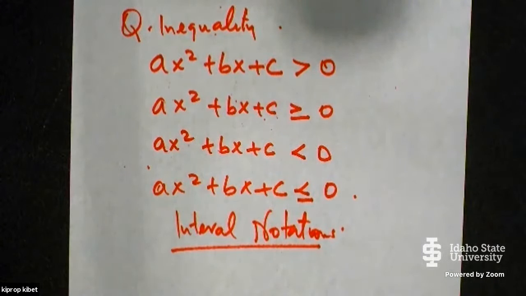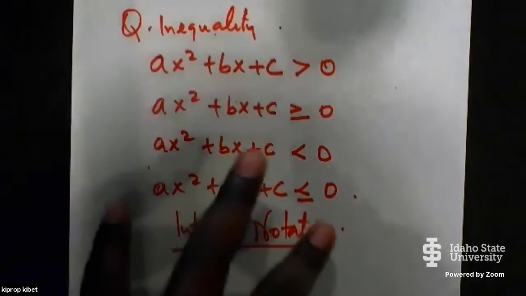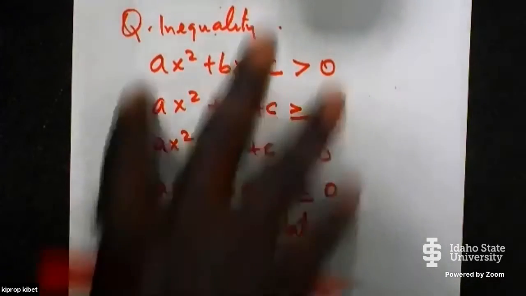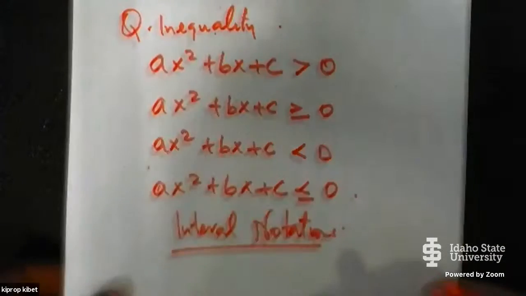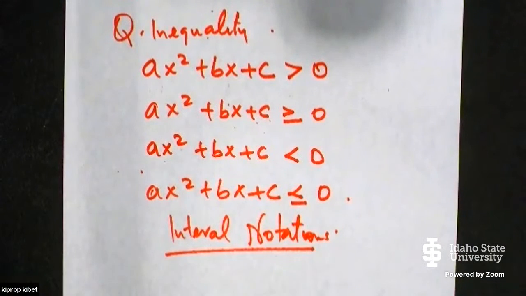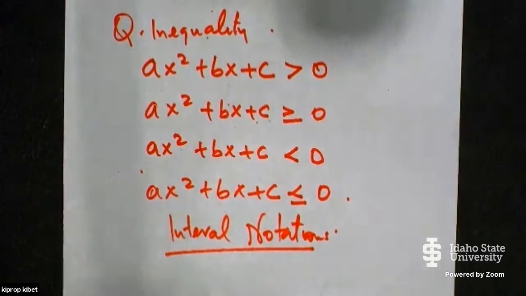Those are the points which are giving you 0. So you make one side equal to, say, less or equal to 0, something like that. And then now you get the critical points. Those critical points are the ones which are giving you 0, okay? So here, let's try to solve using the graph. The steps are the same, and then finally you identify the interval notation from the graph.